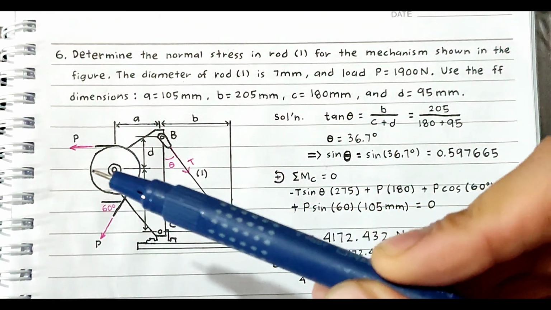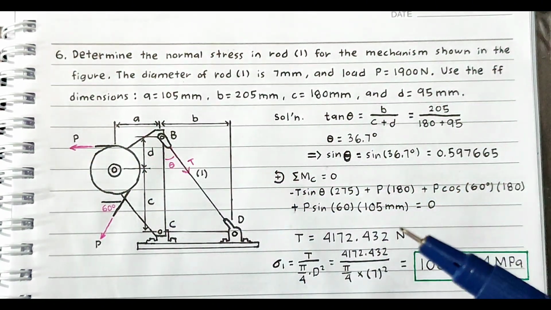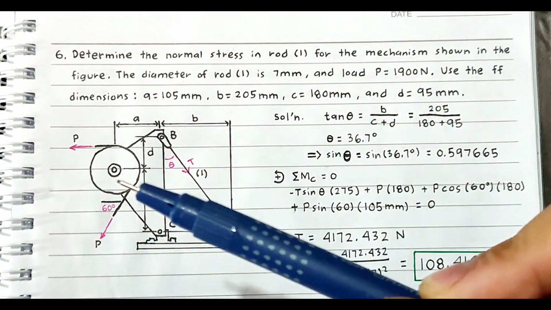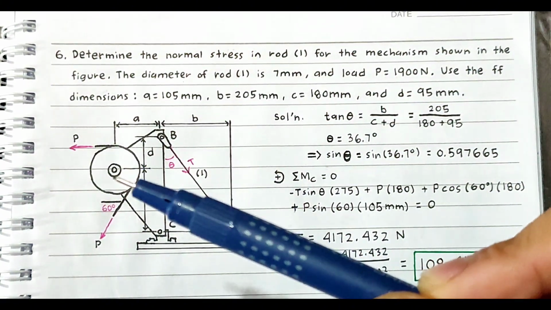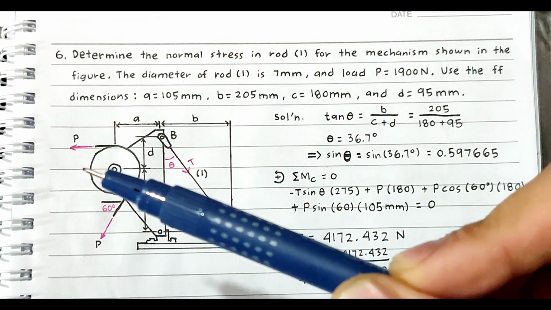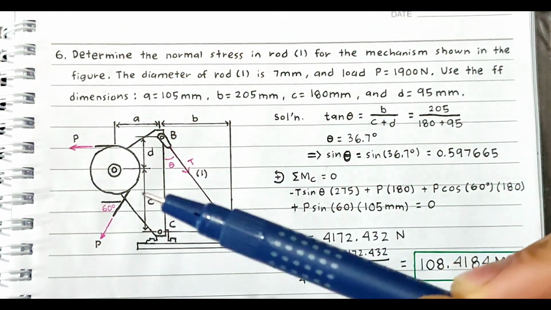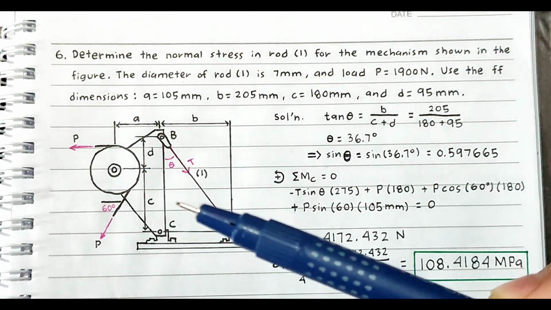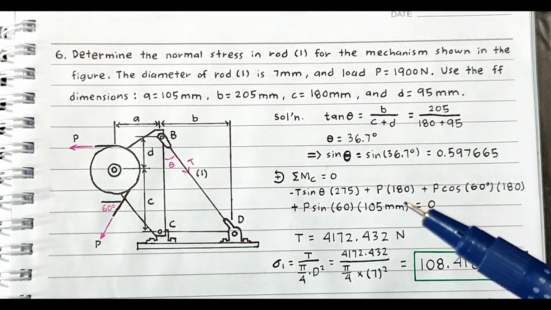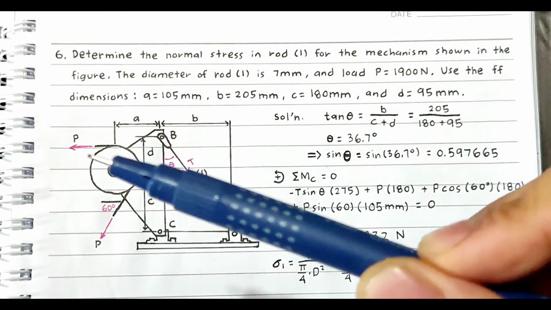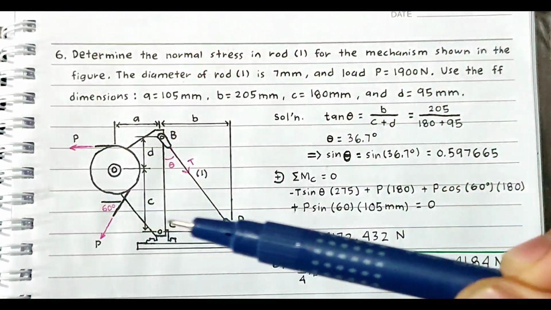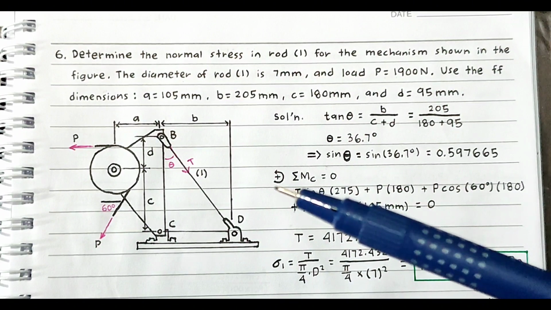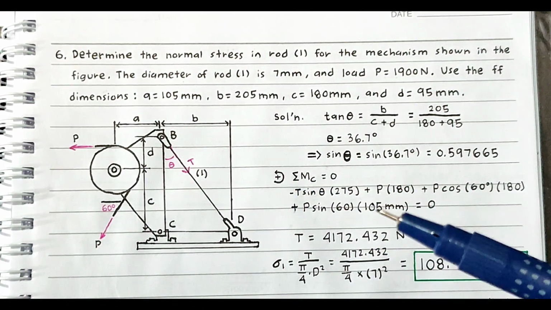The next force is P, which acts here at the center of this mechanism. Now we will have a distance of C to get to the moment at C. Now C is equal to 180, that's why we have 180 here. And P turns counterclockwise, which follows our given direction, so that becomes positive.